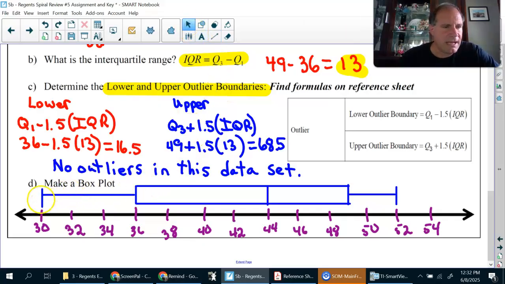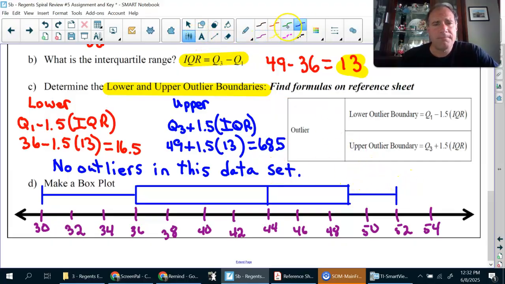Now they could ask you some questions that they always seem to ask. Just remember, from the min out to Q1, this is the min, this is Q1, this is Q2, this is Q3, out to the max right here.